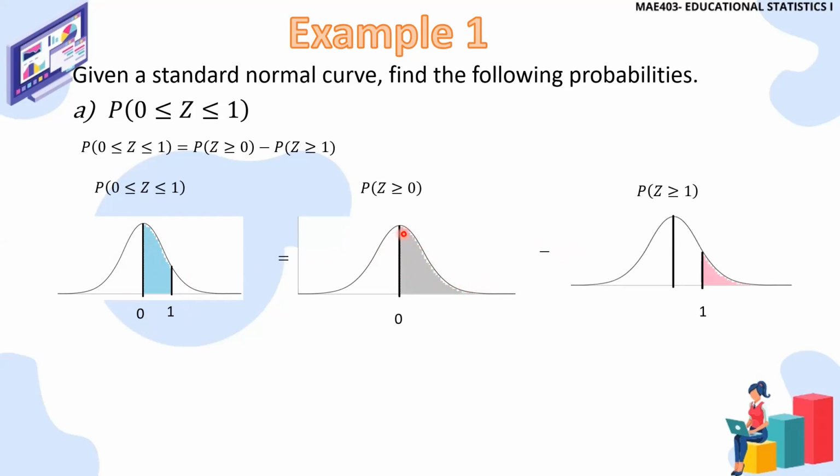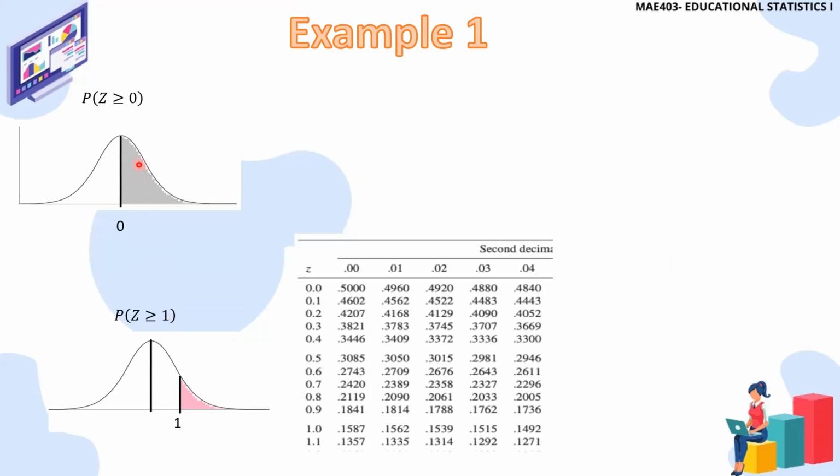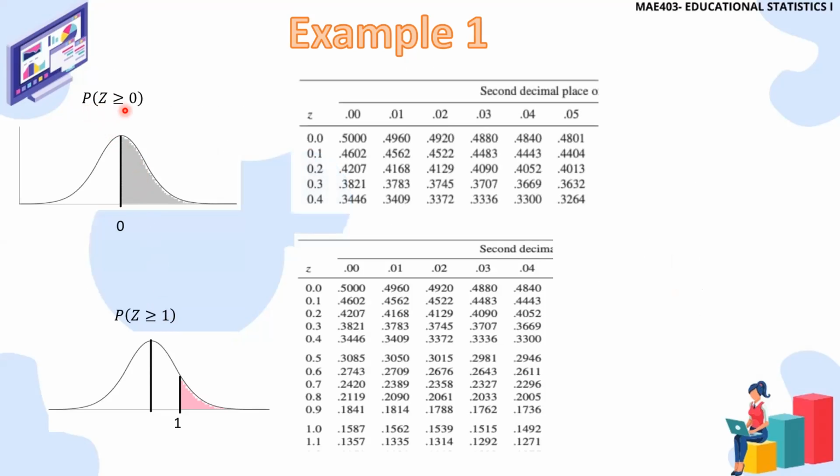If you take the area under the curve greater than 0 minus the area under the curve greater than 1, you will get the total area of z between 0 and 1. Based on this, you need a statistical table to find the value of probability z greater or equal to 0.